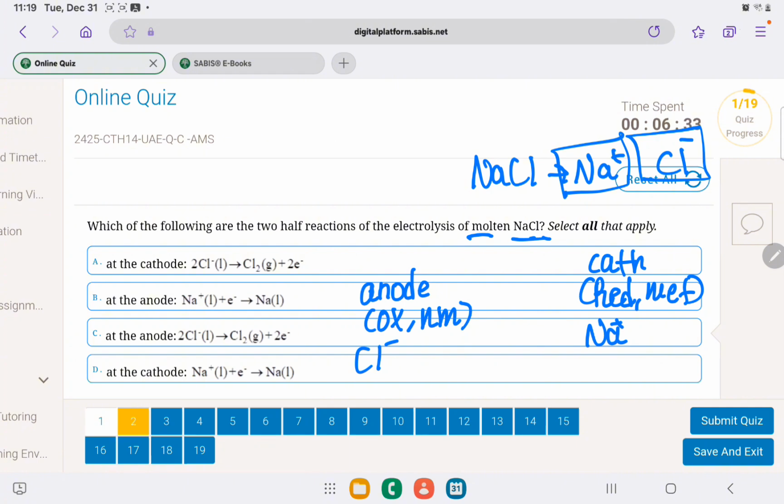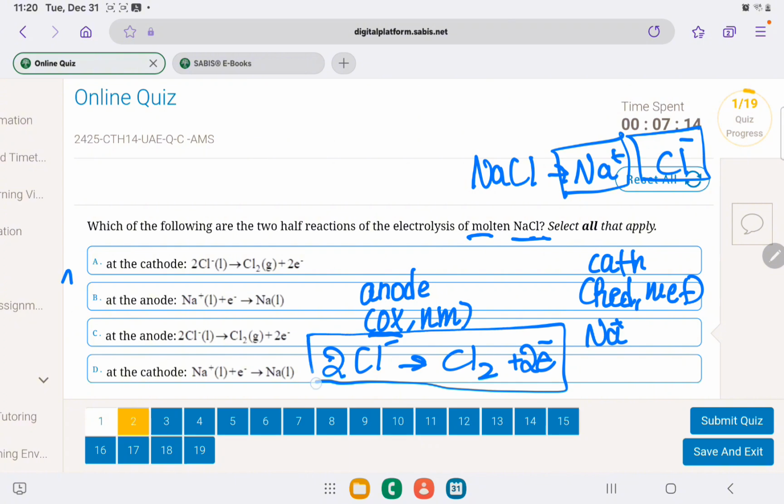Now we're going to do the half reactions. Oxidation is the loss of electrons, so electrons are going to be on the products. So Cl minus gives Cl2 plus electrons, and we balance, so 2Cl minus and 2 electrons. That's the half reaction at the anode.